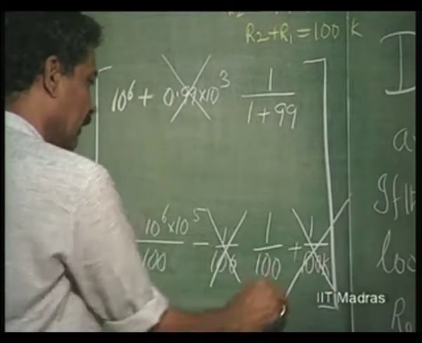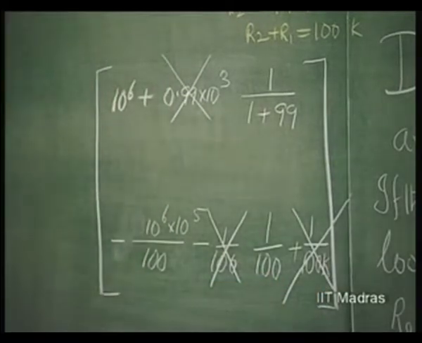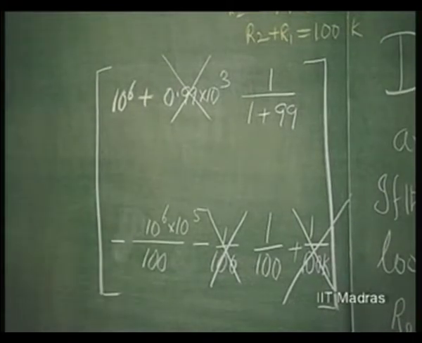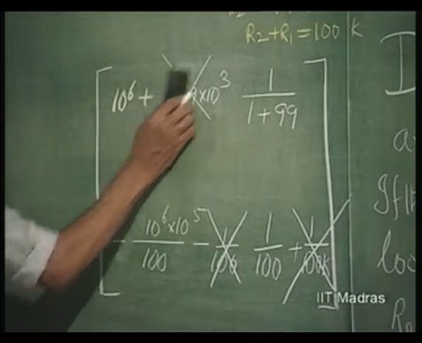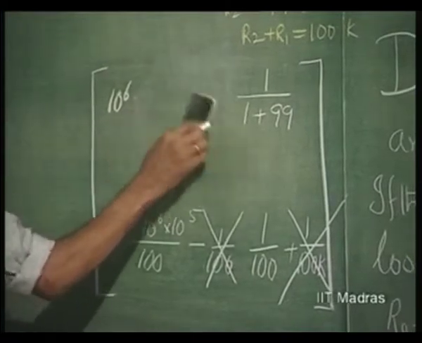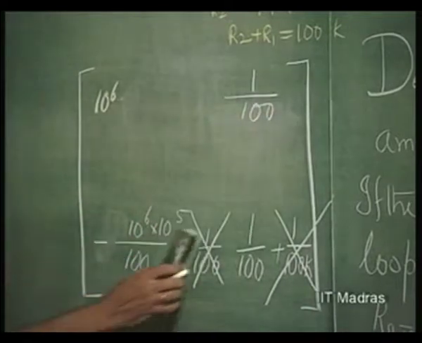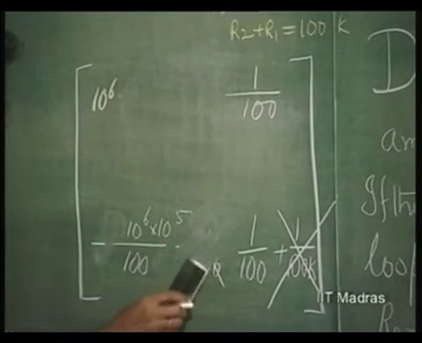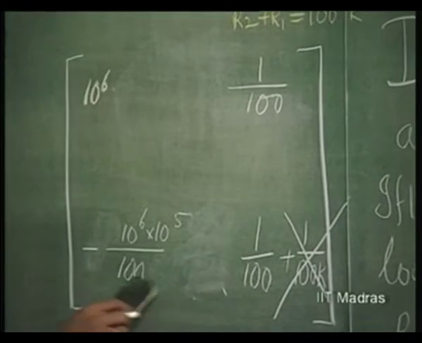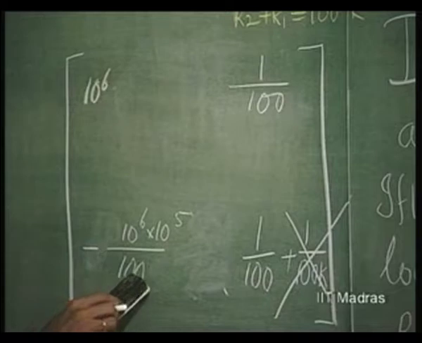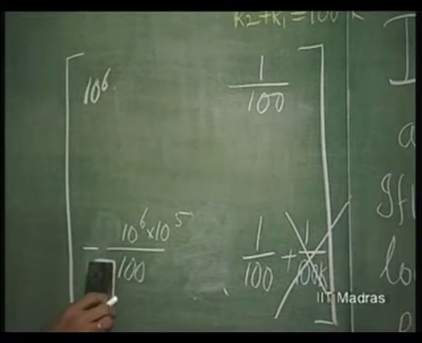Once again, this can be neglected compared to 1 by 100. So essentially, you can see that the matrix parameter will be approximately this, 10 to the power 6. This is 1 by 100. This is important. 10 to the power 5, 10 to the power 11 divided by 100, 10 to the power 9.